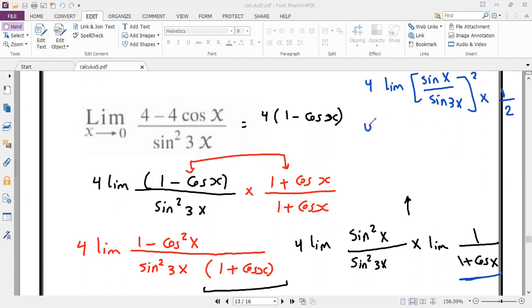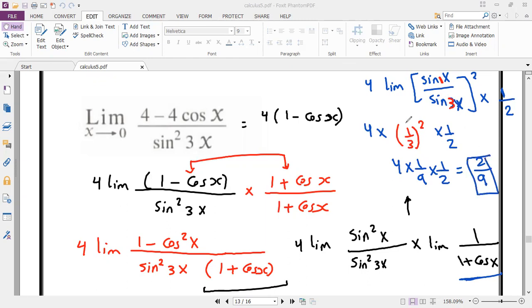And this one is going to be 4 times x over sine x. The variable here is x and the variable here is x, so we can apply the rule directly. Divide the coefficient of x, which is 1, by 3. It's 1 over 3 to the power of 2, and that multiplied by half. So that is going to be 4 times 1 over 9 times 1 over 2, which is 2 over 9. That's it.